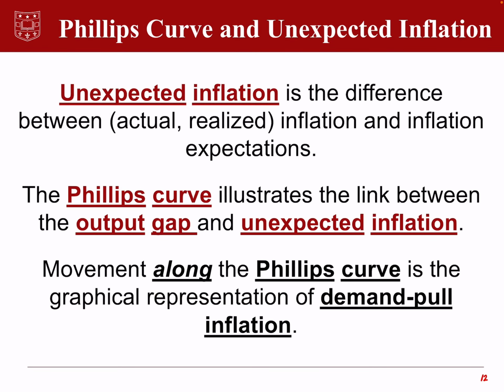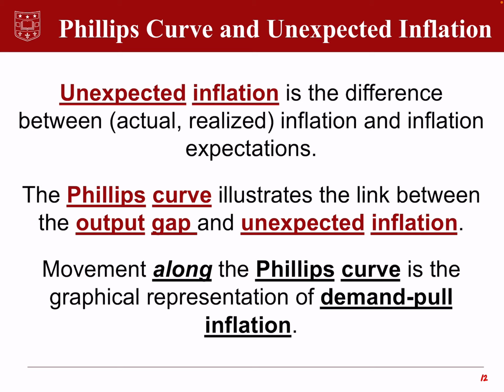So unexpected inflation, in other words, is the difference between the actual or realized inflation and the level that was expected. Again, that expected level is going to be based on firms looking ahead in the future at costs and competitor behaviors and making a decision about how much prices are going to be rising.